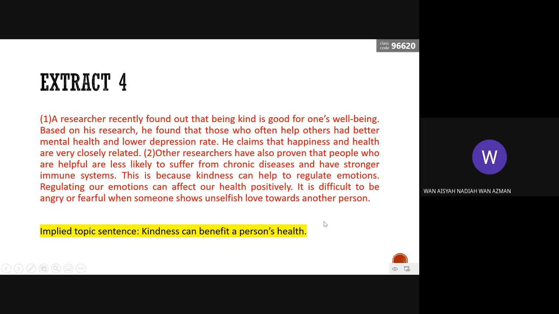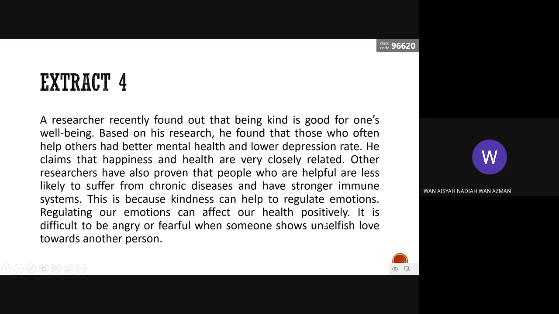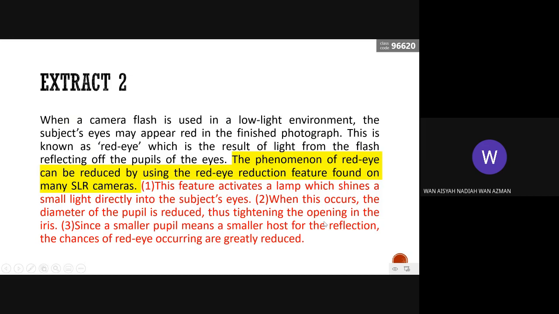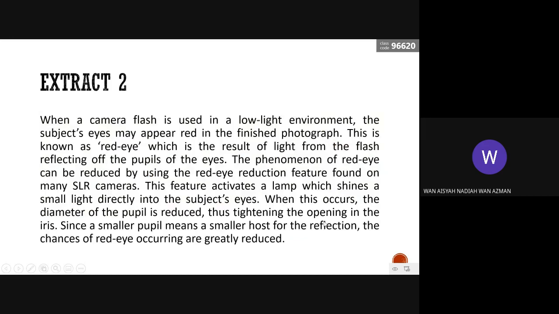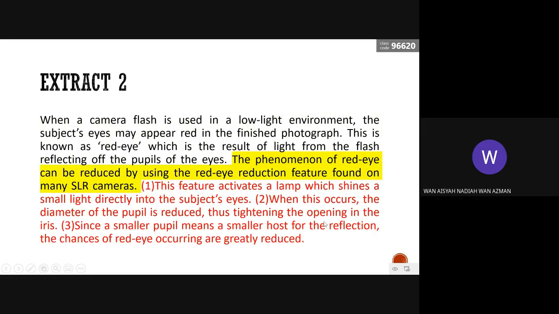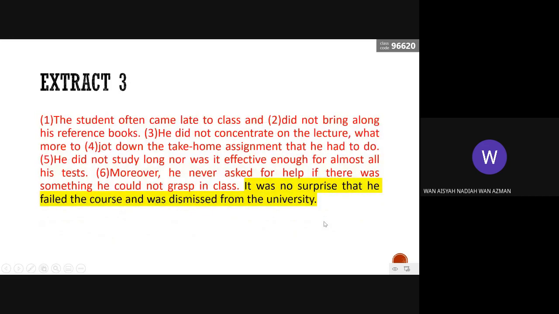So far, we have supporting detail that appears at the very beginning of the paragraph, and supporting detail that appears in the middle of the paragraph, and also supporting detail that appears at the end of the paragraph.